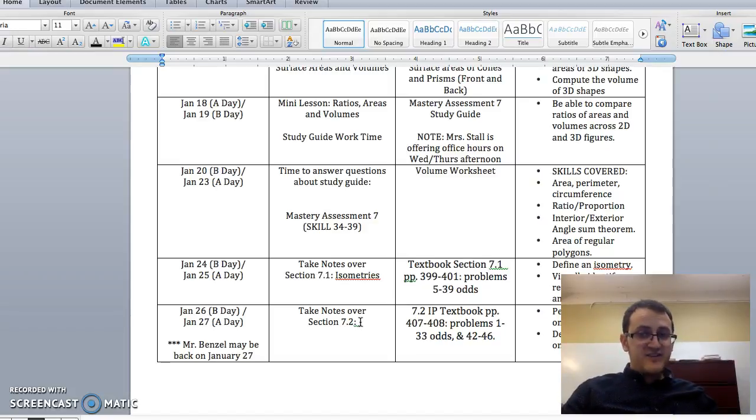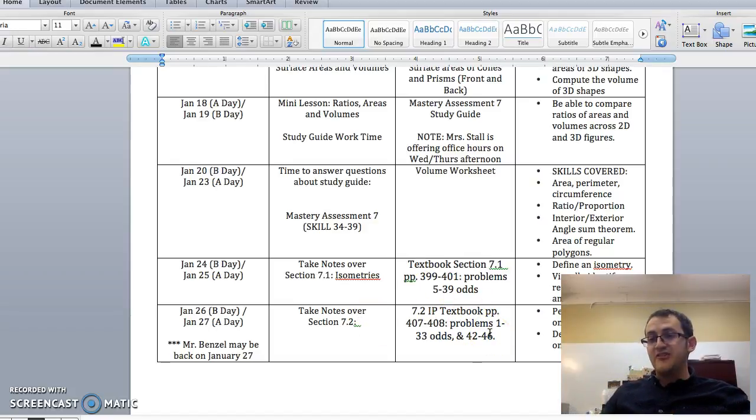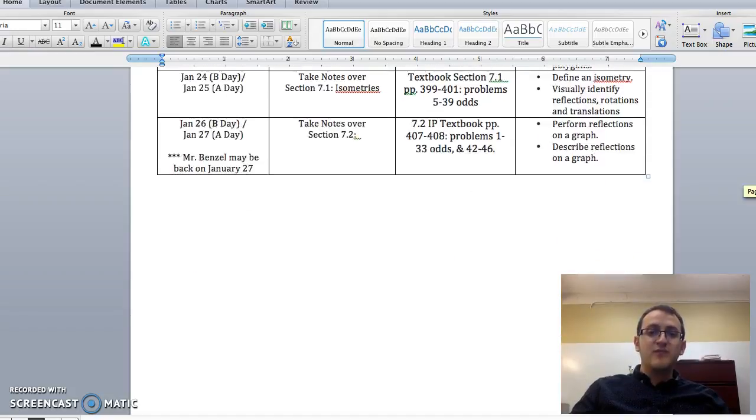So I expect that you're going to be able to visually identify them, and the math won't be too bad. So you'll get a lot of practice in your notebooks, recording those key definitions and examples on the graphs too. You may want to bring some graph paper with you that week, because that will make things a little bit easier for you. And of course, you will submit that with your portfolio.